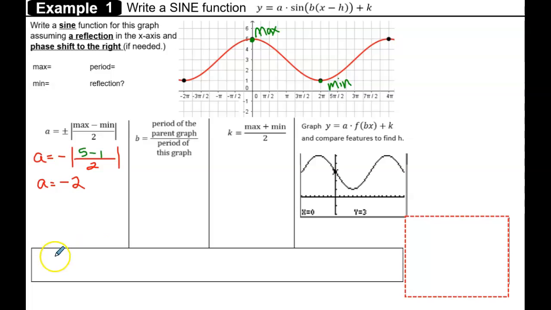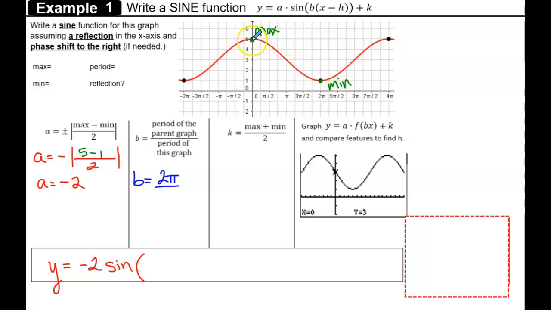So we're going to use y equals negative 2 for the a, and then the function is sine, and now we need to find the b. So to identify the b, we take the period of the parent graph, and the period of sine is 2 pi, and we divide that by the period of this graph that we're given.